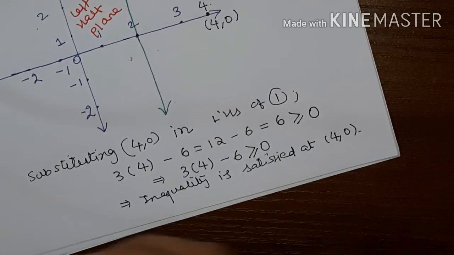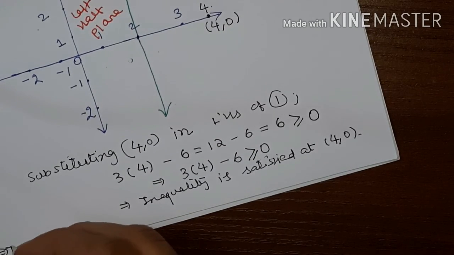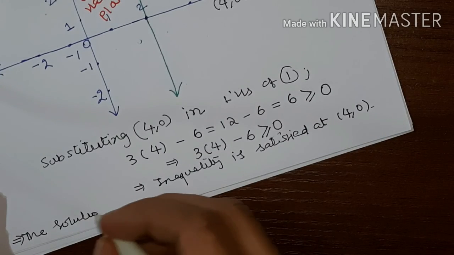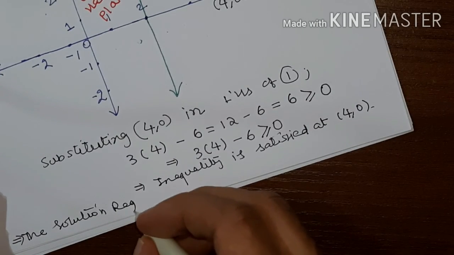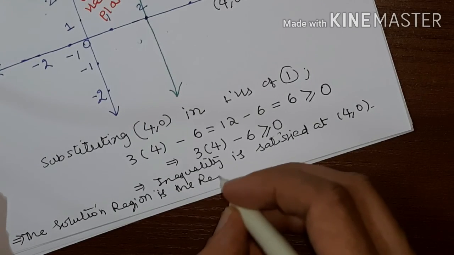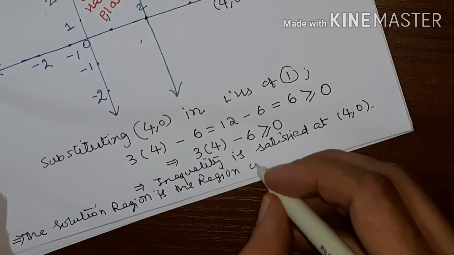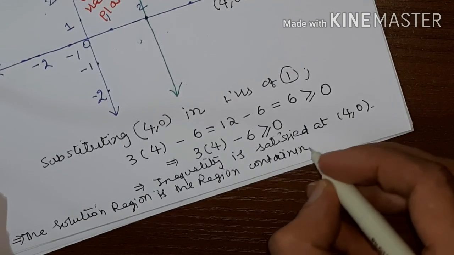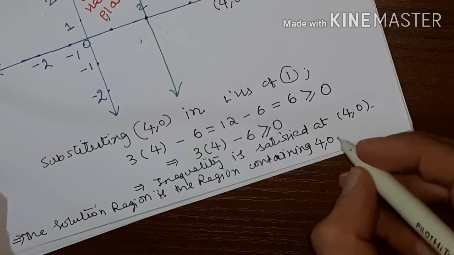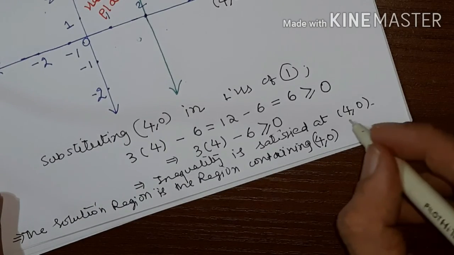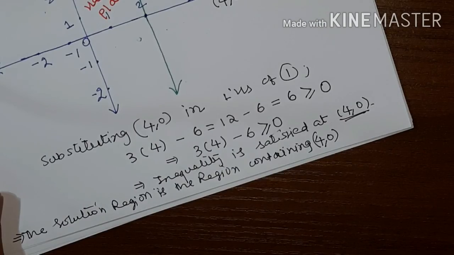So that means the solution region is the region containing this point 4 comma 0.